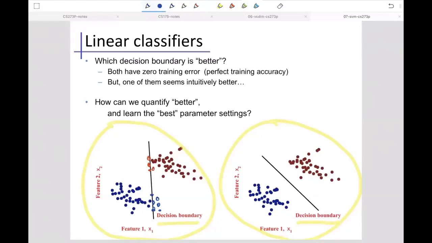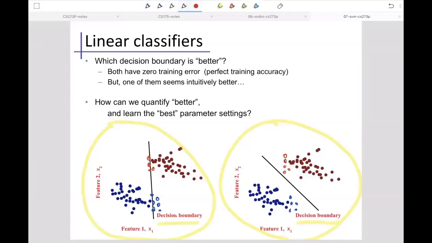However, on the right-hand side, if you make small perturbations to the data points, the classifier can still classify without any problems. For that reason, intuitively speaking, we believe the decision boundary on the right-hand side is better, right?